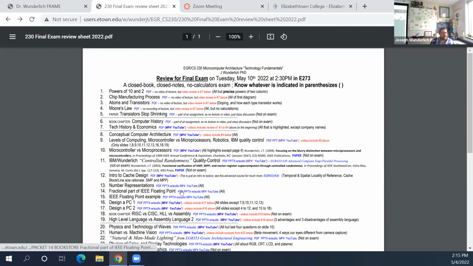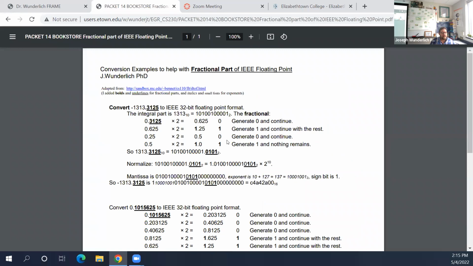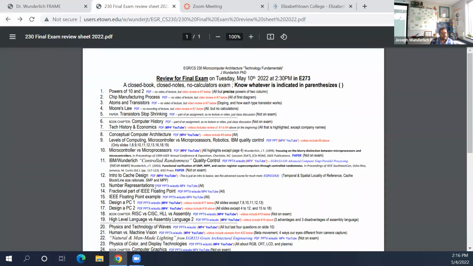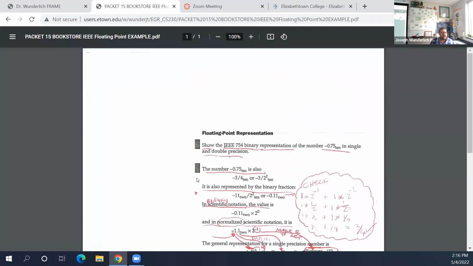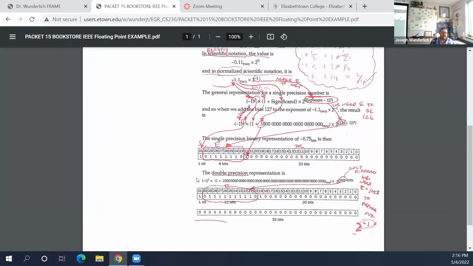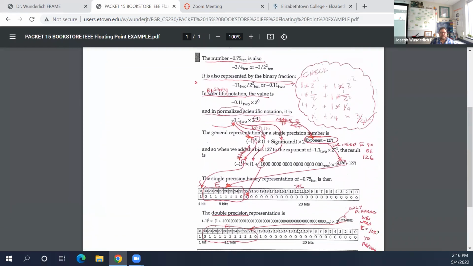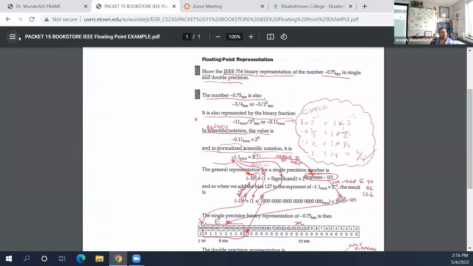It's going to be an obvious thing, and probably a multiple choice if I even do, because I'm not allowing calculators. Here's a floating point example. That's just the fractional part that was part of the other one. And then a floating point example. So this should make some sense to you, the representations and how that lays out.